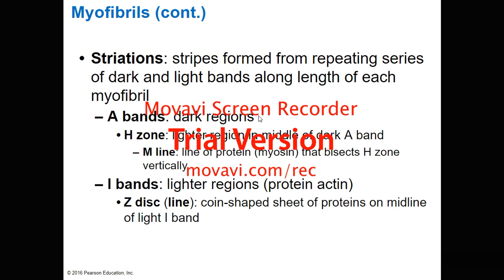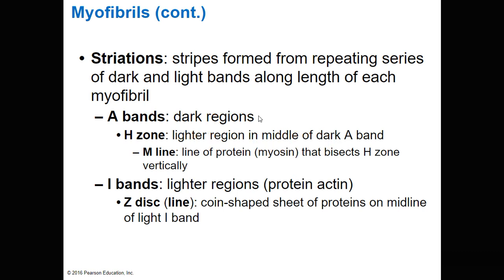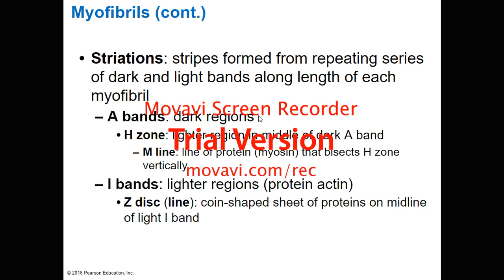And then you have these I bands, which are composed strictly of thin filaments. Each light I band has a midline interruption, a darker area called the Z disc.